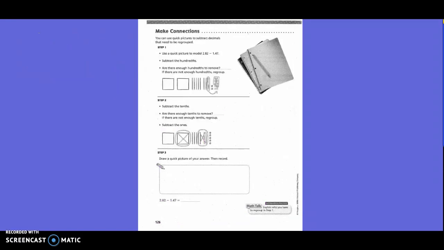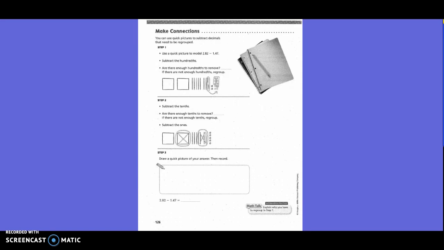Make connections. You can use quick pictures to subtract decimals that need to be regrouped. Use a quick picture to model 2 and 82 hundredths minus 1 and 47 hundredths. Subtract the hundredths. Are there enough hundredths to remove? They drew the 2 flats, 8 longs, and then 2 hundredths.